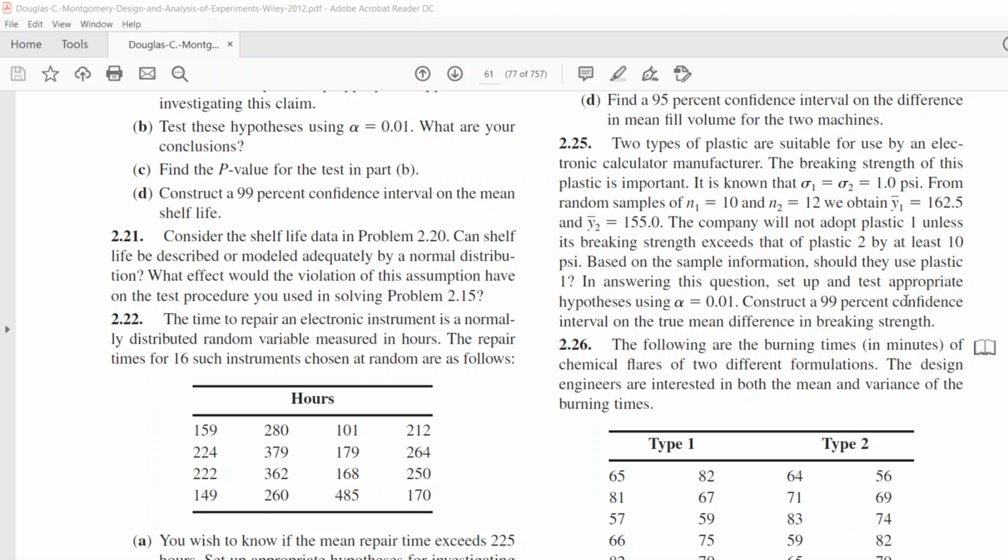And this will require the degrees of freedom to be n1 plus n2 minus 2, because it's n1 minus 1, which is 9, plus n2 minus 1, which is 11, and that's 20, which is the same thing as 22 minus 2, also 20. And just to pay attention, the alpha used is 0.01, which is different because a lot of times we see alpha 0.05. Well, hey, this example is also 0.01 on the left-hand side of the page that I'm pointing to. So it's just something to know.